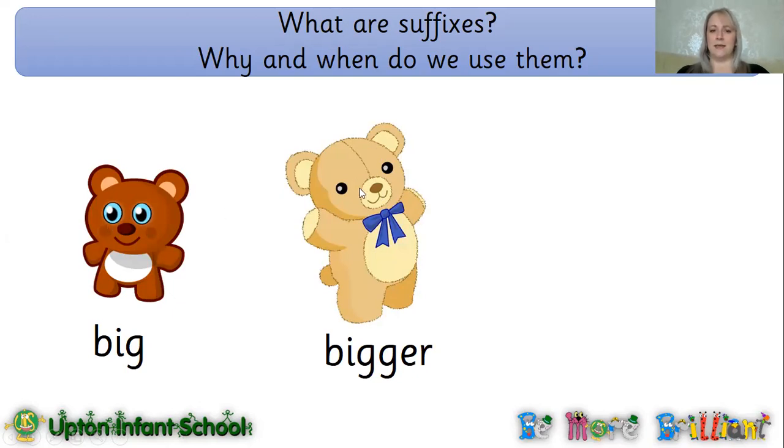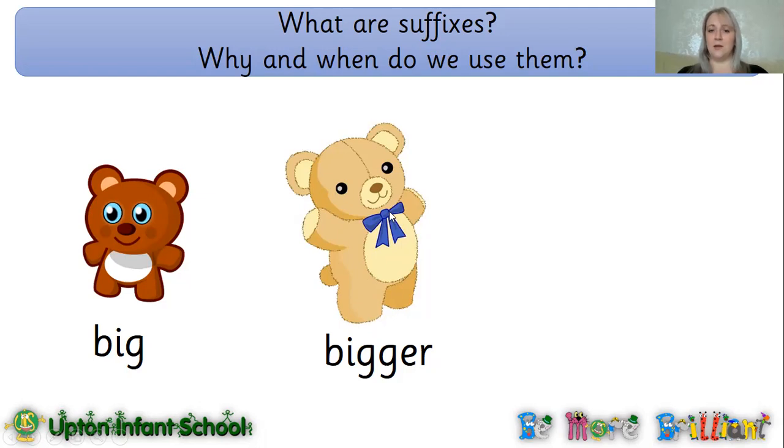So what I have done is I have added these letters here. Now this is an E and an R and together they make the er sound. So I'm now telling you that this bear is big, but this bear is bigger. So we get an idea that this bear is a lot bigger.